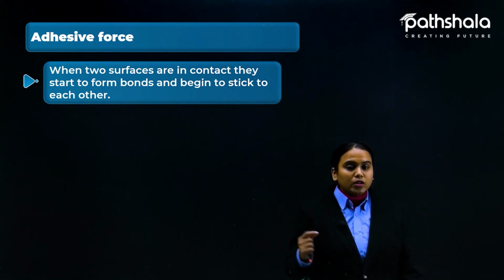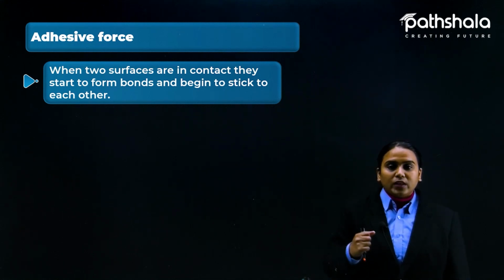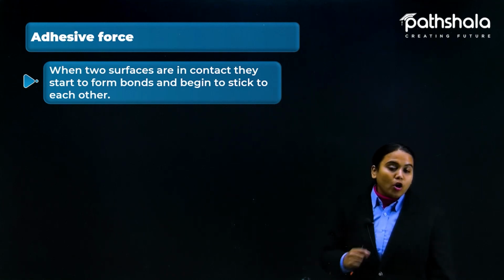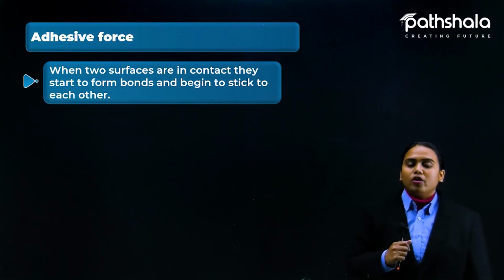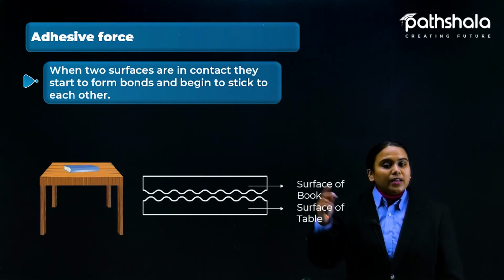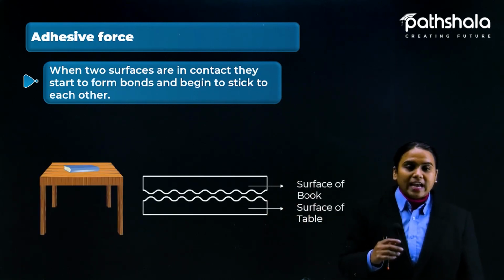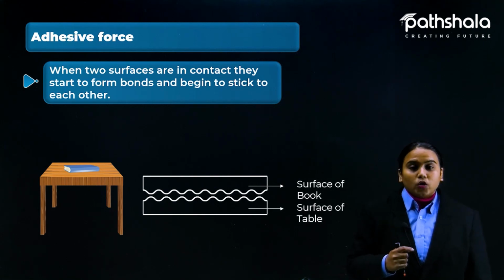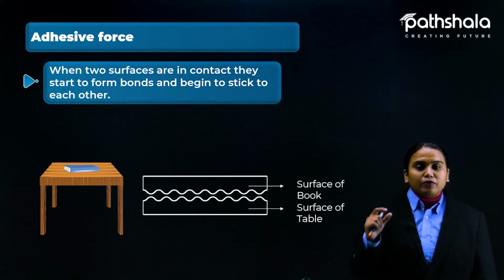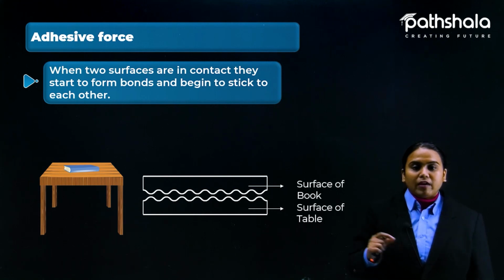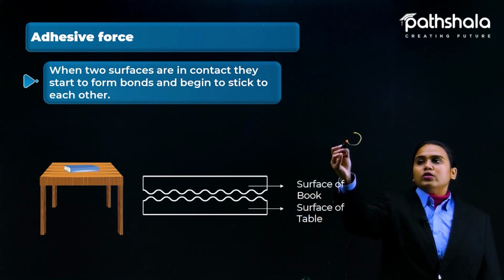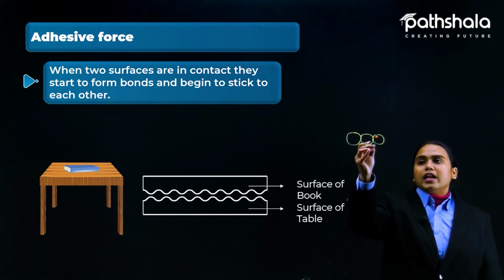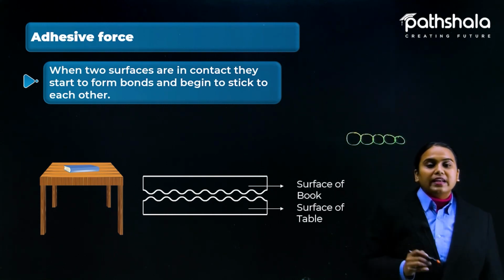Let us take two surfaces that are in contact with each other, and they bond and begin to stick to each other. You can even perform this experiment on your own. Let's suppose a book is on a table. We have already discussed it. If we zoom in on the surface of the book and the table, we will find that there must be irregularities, because the molecules and atoms are not flat surfaces, they are spherical in shape.